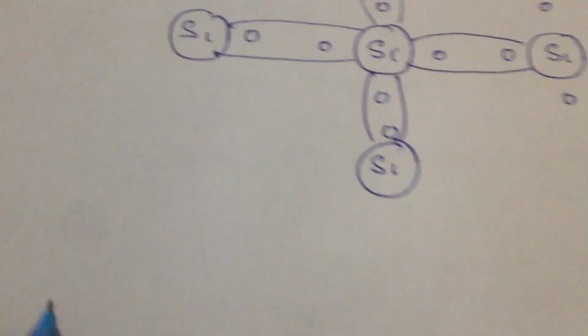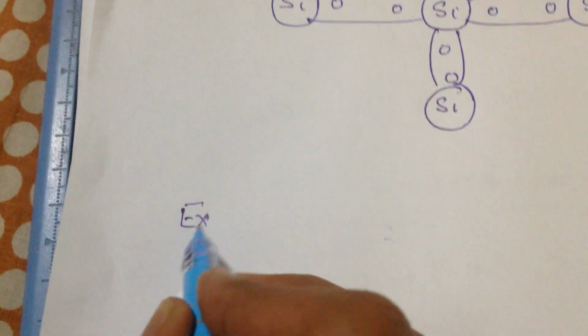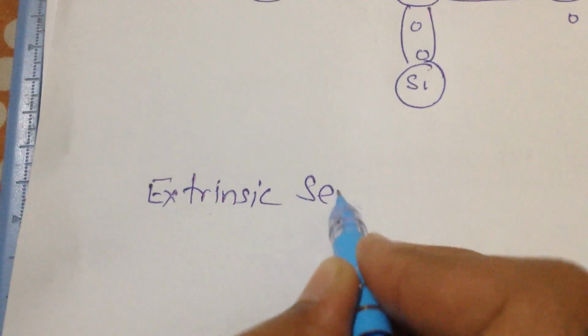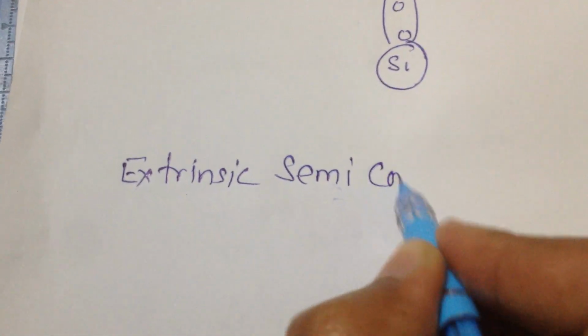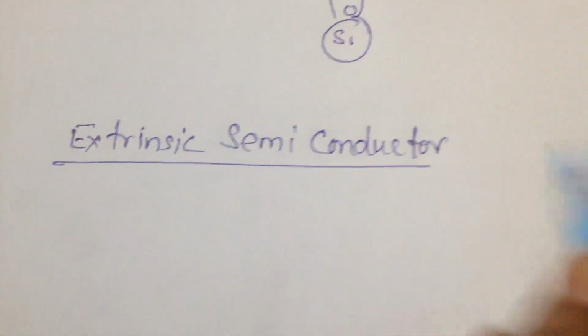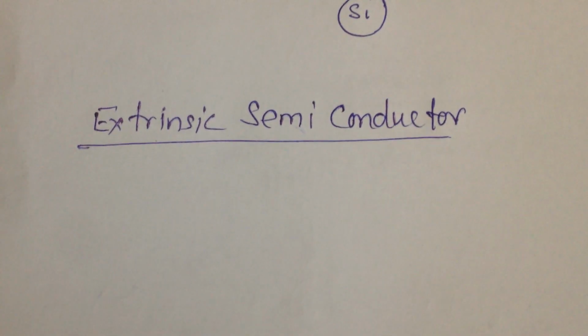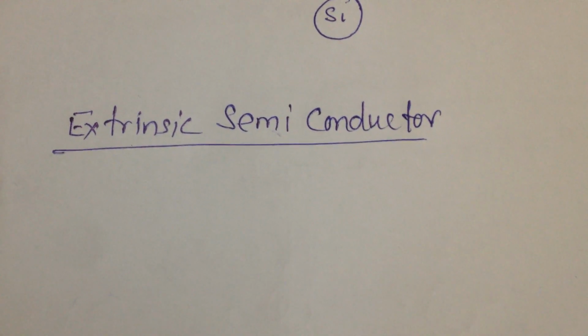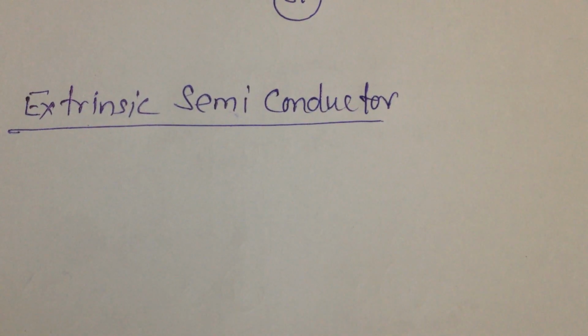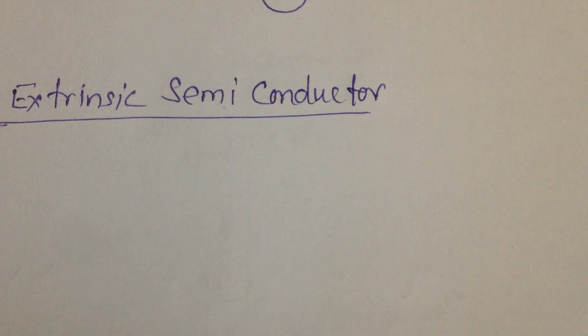So extrinsic semiconductors are the type of semiconductor where doping, or impurity, is added to the intrinsic semiconductor.